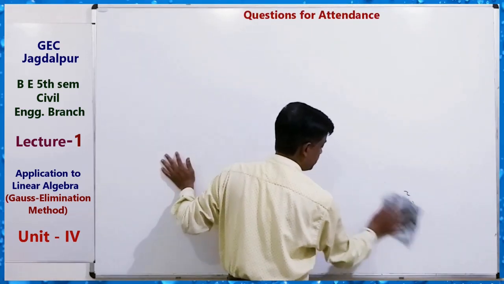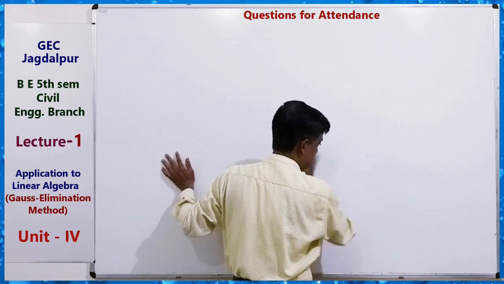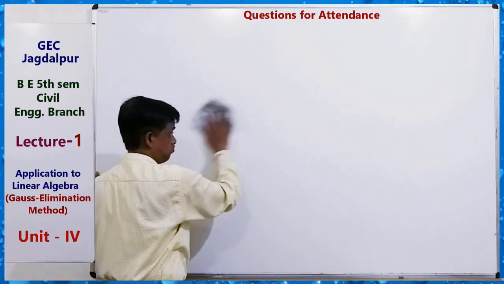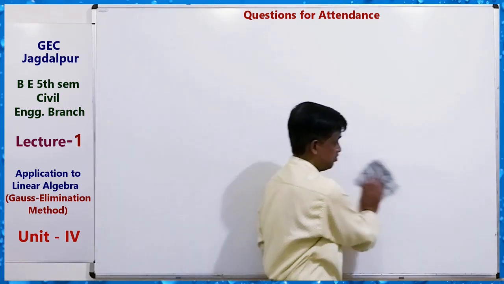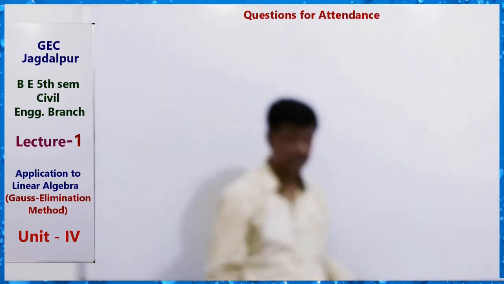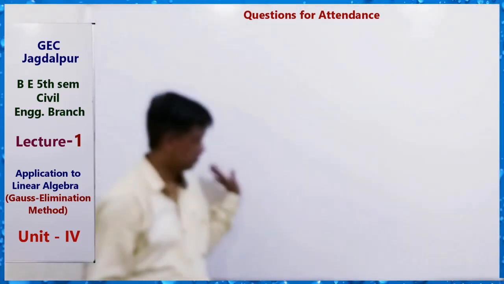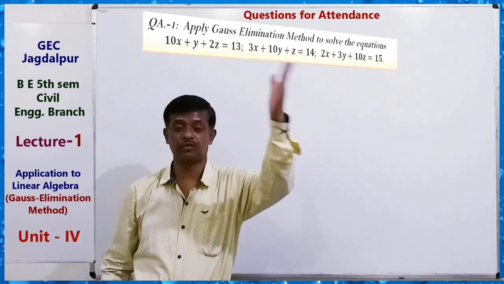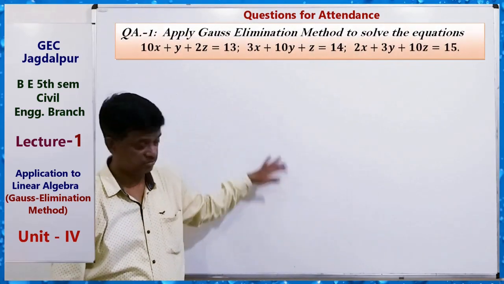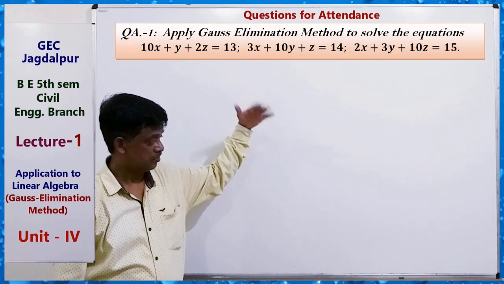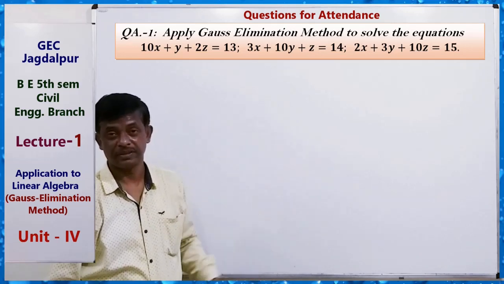Very, very important questions. You should also program it on a computer. You can do it for more than 3 or 4 unknowns.